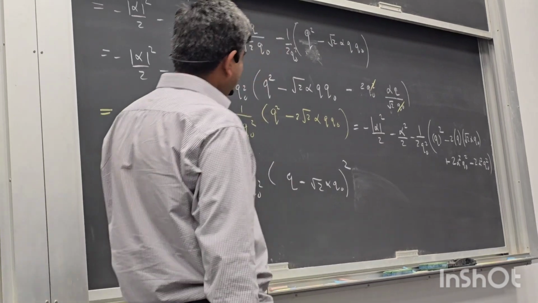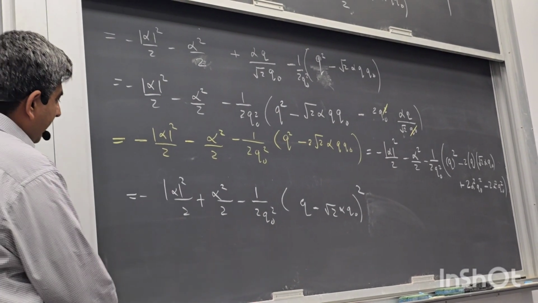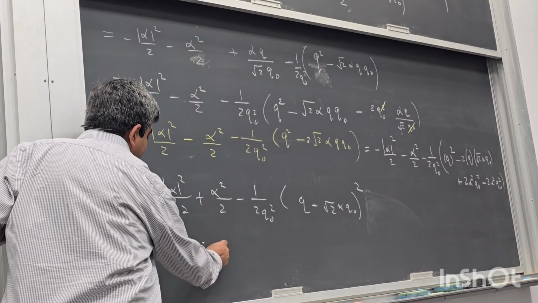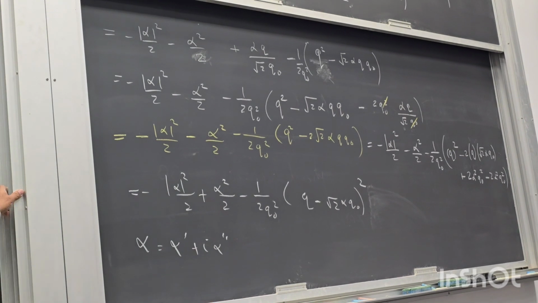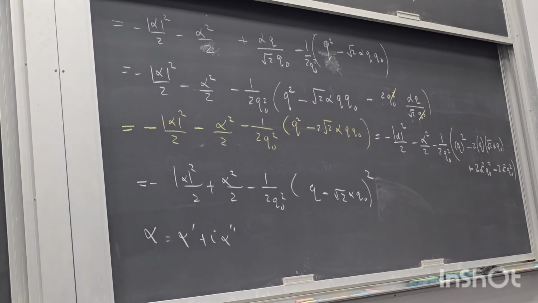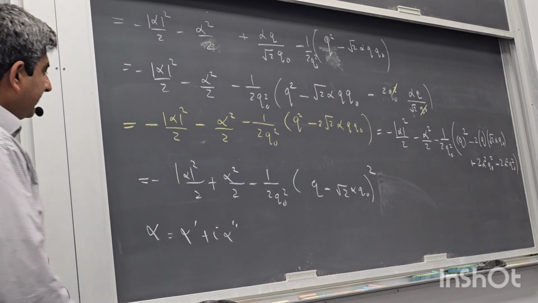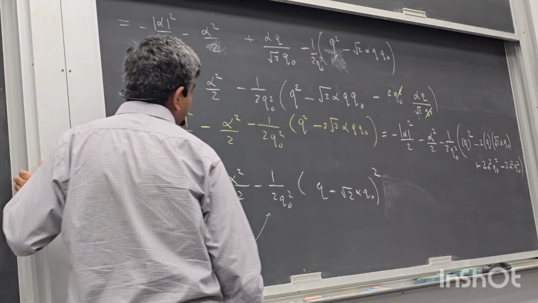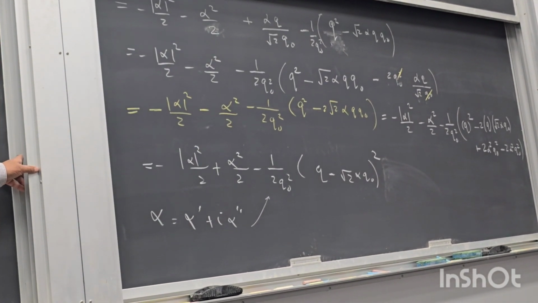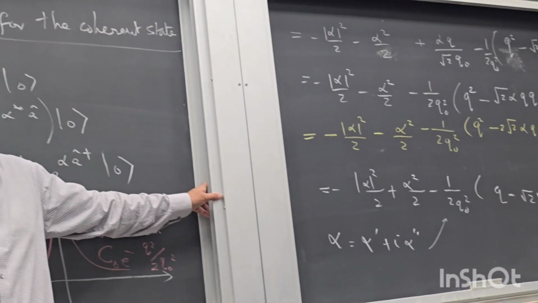So overall, the next step that I would like you to do on your own is the following. Take alpha to be some real number plus iota times an imaginary number. If I were to do that, I just insert this expression in here, I will get terms which will have iota with them, and those will act as global phases.